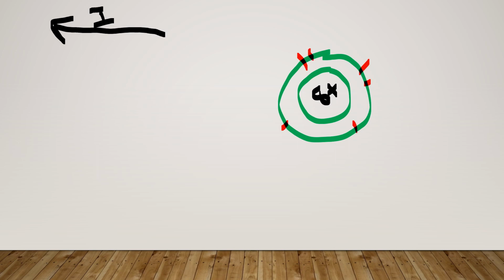There are 8 of these protons pulling on these valence electrons. So what it does is it pulls the radius in closer. So these electrons get pulled in towards this positive nucleus, bringing this shell closer and closer in towards the nucleus.